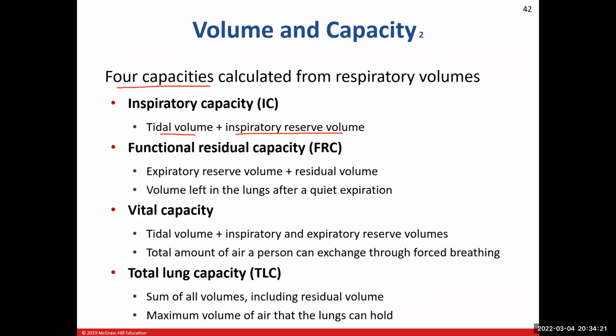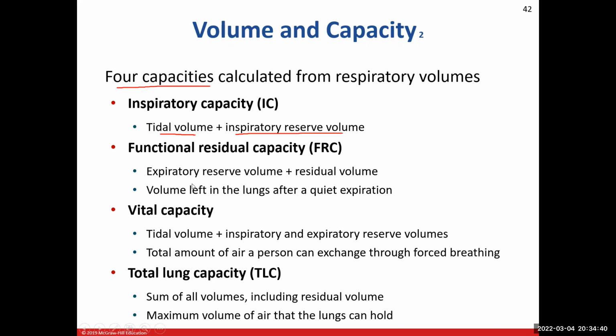Then if we want to calculate our functional residual capacity, this is basically the amount of air that's left over after you have taken a breath out during normal breathing, during eupneic breathing.